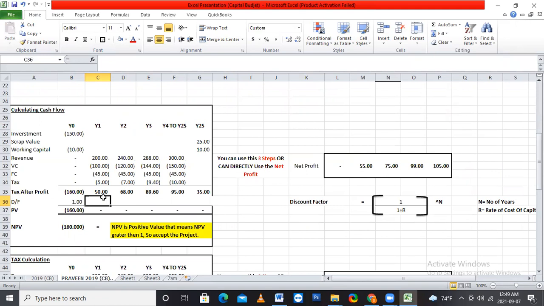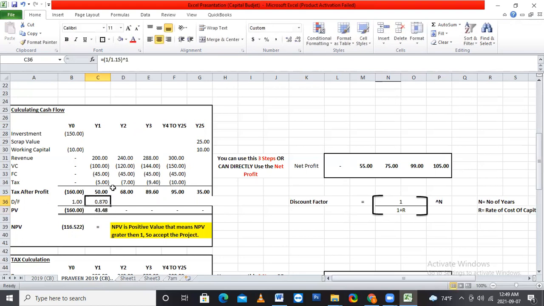We use the formula 1 divided by (1 plus r), which means 1.15, close bracket, to the power of the number of years, 1.